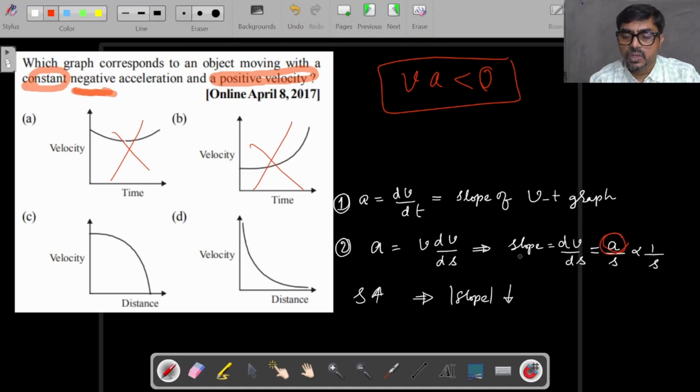And so, slope is inversely proportional to velocity, no? And if you take the magnitude of slope, more the distance, lesser should be the magnitude of slope there. That means it should become lesser and lesser steeper. As S increases, lesser and lesser steeper it should be. That means this is going to be the answer there. So, by observing the slope, we are able to get to that conclusion there. Okay. So, yeah, that is what you have. Next one.